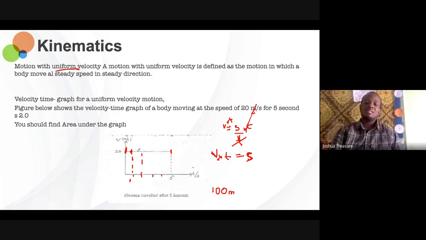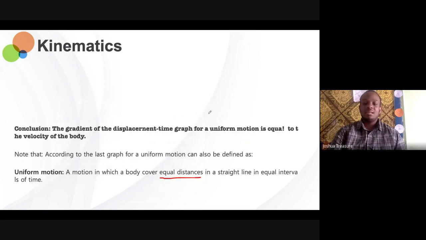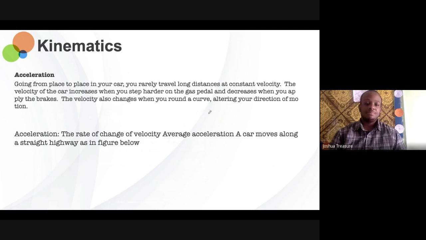So it will continuously cover 20 meters throughout the entire journey because it is going at the same velocity. If it was increasing, then it would cover more distance over the interval of time. That's what we want to accomplish for this slide.